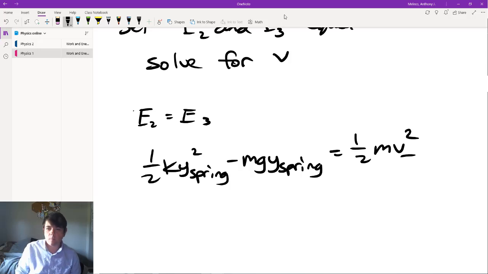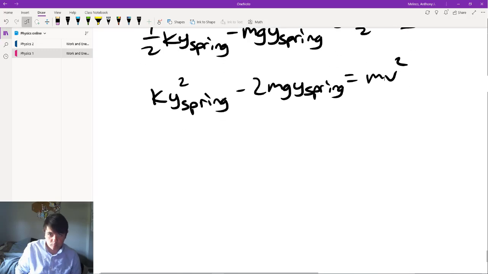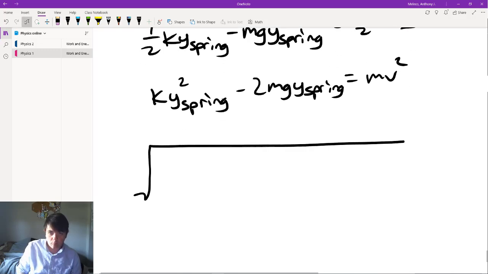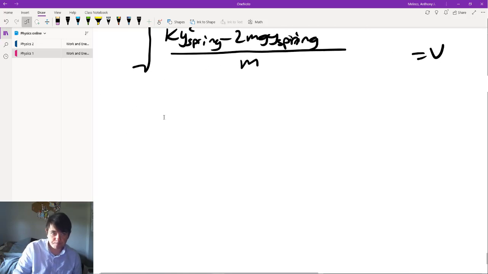So what we can do here is multiply the whole thing by 2, multiply this 2 across. Divide by m and take the square root. So there is a lot to write here.